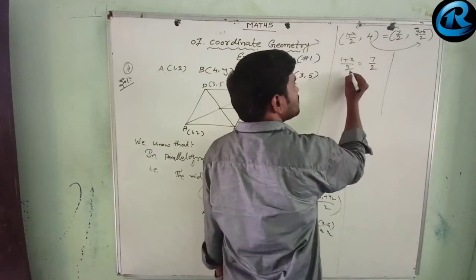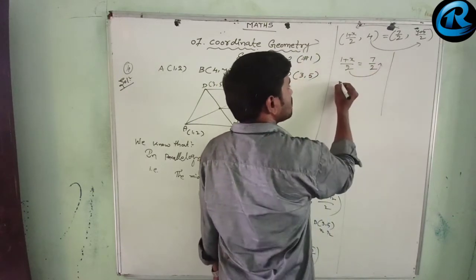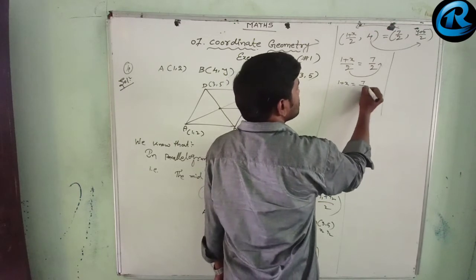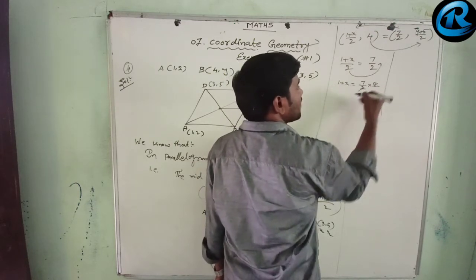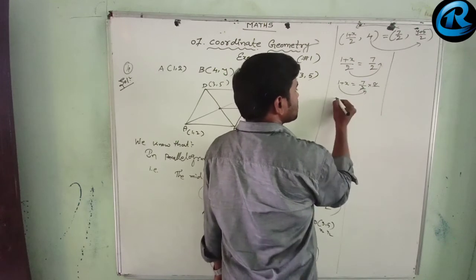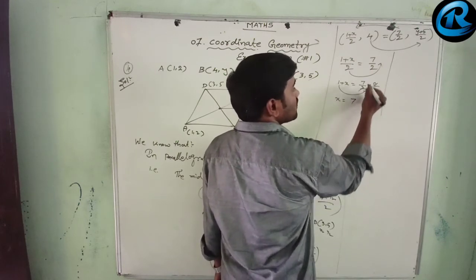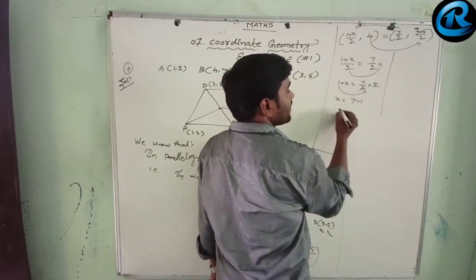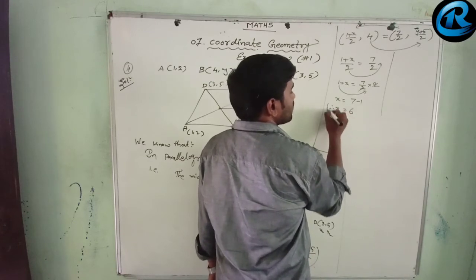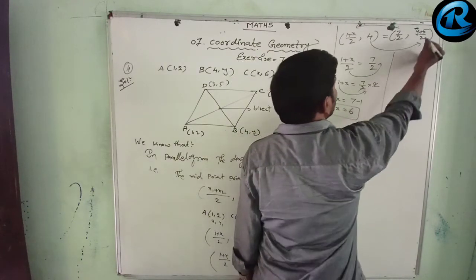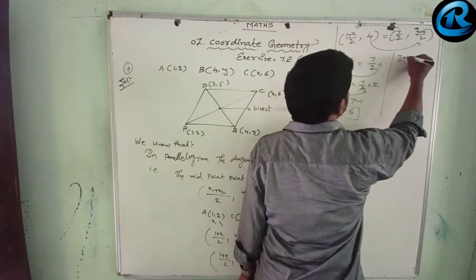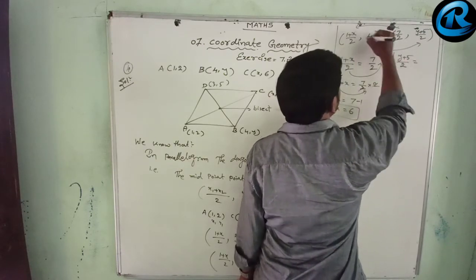Yes, this 2 is dividing, it will multiply. So 1 plus x equal to 7 by 2 into 2, 2 gets cancelled. This 1 will transfer this side. x equal to 7 minus 1, x equal to 6. We got 6. And here y coordinates are equal, no? Here y plus 5 by 2 is equal to 4.